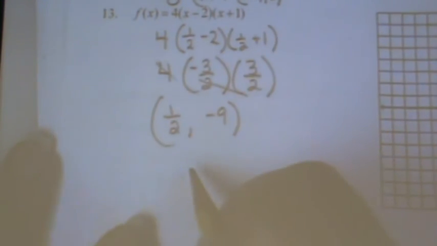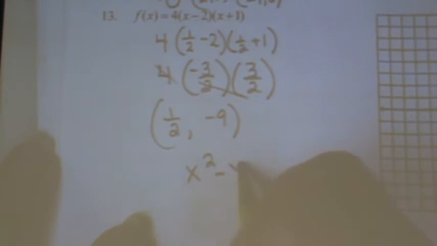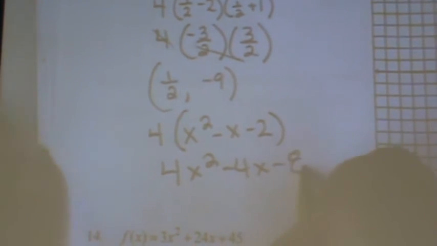So for transformation form, by using the vertex, we can write our equation. It's a times (x minus 1/2) quantity squared minus 9. Now, if we FOIL this, we will see our polynomial form, and then we can find our y-intercept. If you FOIL this out, you get x squared minus x minus 2, and then multiply this all by 4, so you get 4x squared minus 4x minus 8.